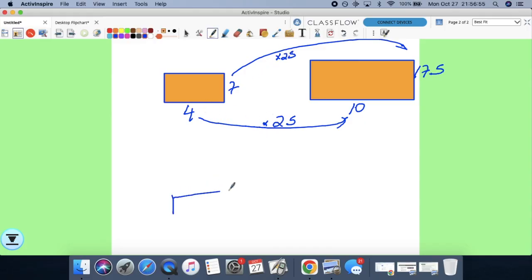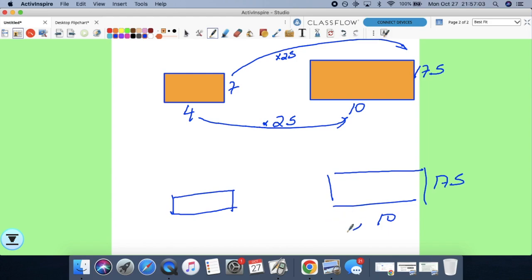But what if it was the other way around? We're starting with this rectangle. I don't know why I deleted the original ones. And we're going to scale down. So the 10 became 4, and the 17.5 becomes 7. Remember, if they're scaled copies of each other, we multiply all the dimensions by the same scale factor. And what do we multiply by? We're not going to say 2.5.